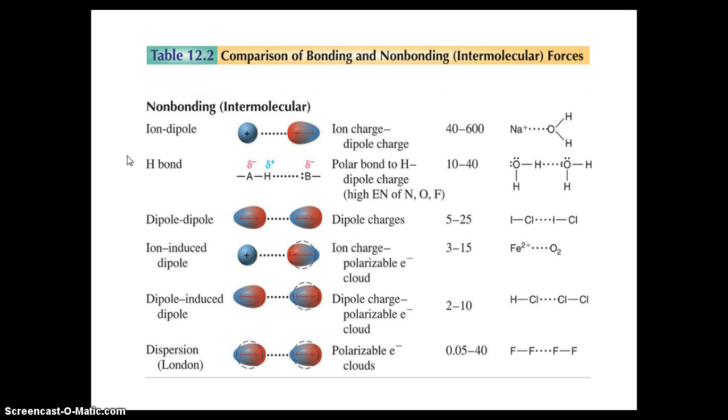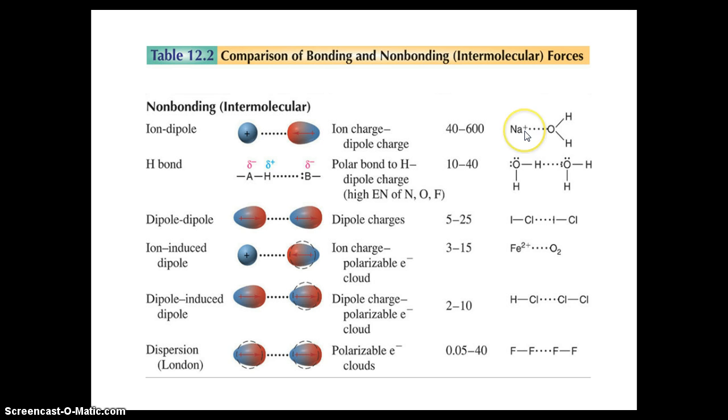So you have a variety here. The first one is ion dipole. And these pictures should help you kind of try to visualize what that actually looks like. So the dotted line is the force. So here we have an ion, and we have a dipole. So a dipole means that it's going to have sort of a negative side and a positive side.